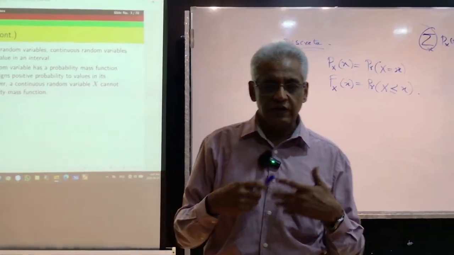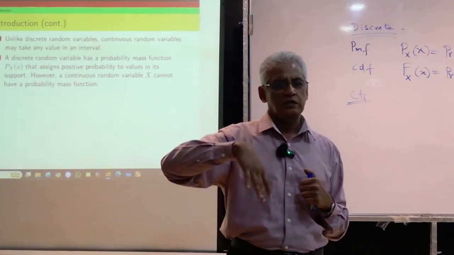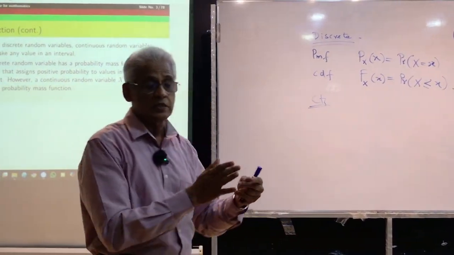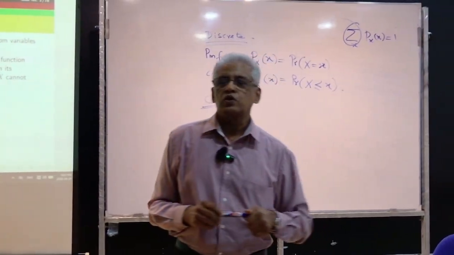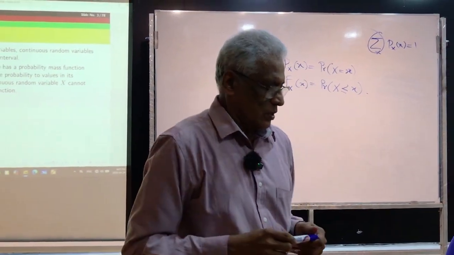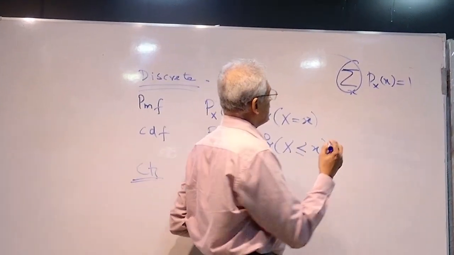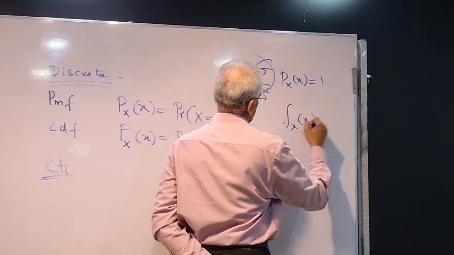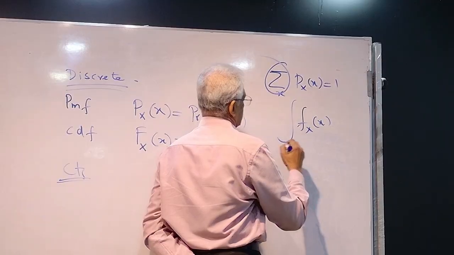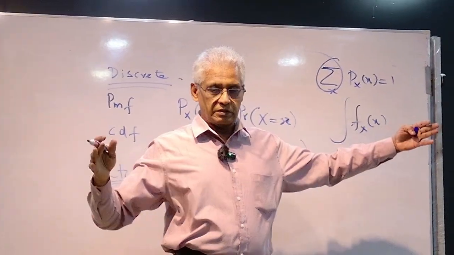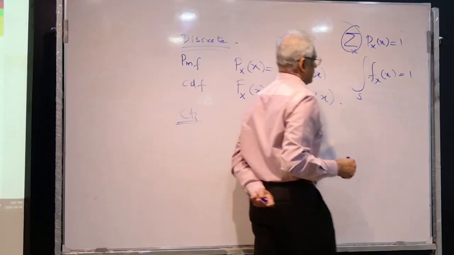So there should be some other function, because we still need some function to calculate probabilities and to describe the probability distribution, but a mass function is not possible. So what we need is, instead of a summation, some function, say fx, where the integration over the whole interval S is equal to 1.